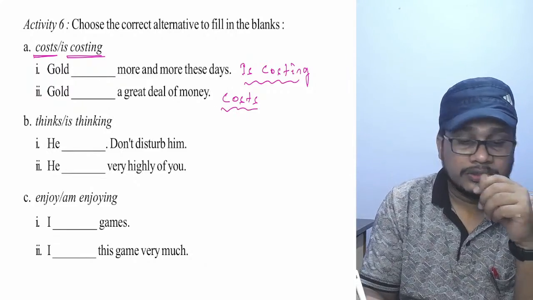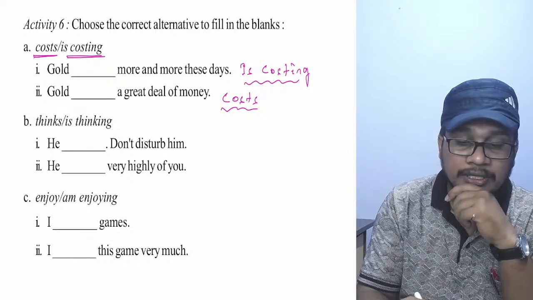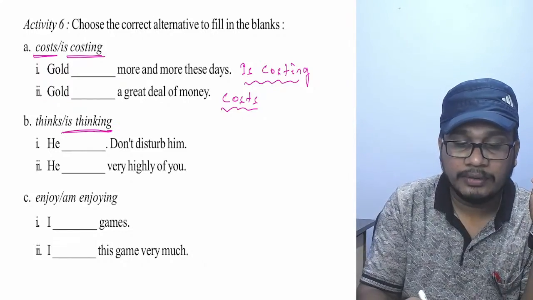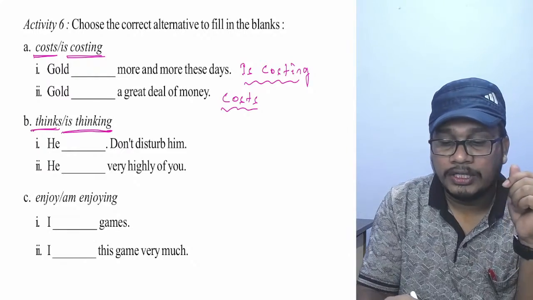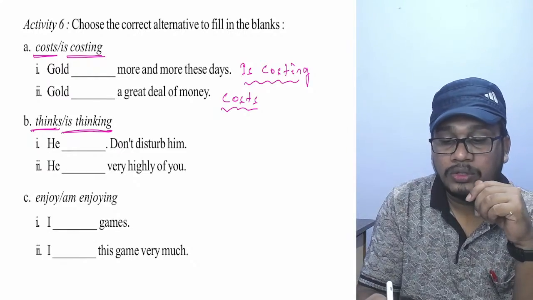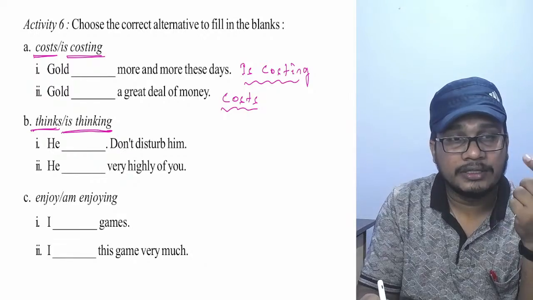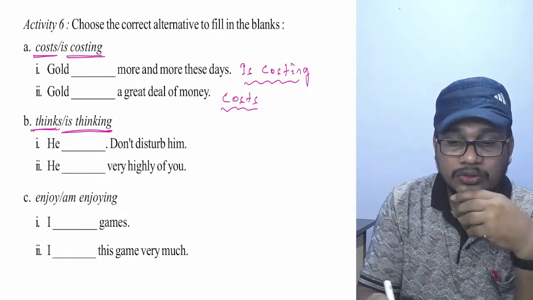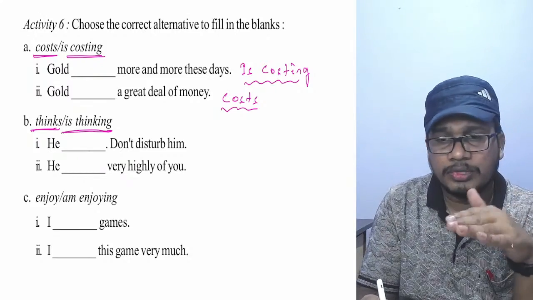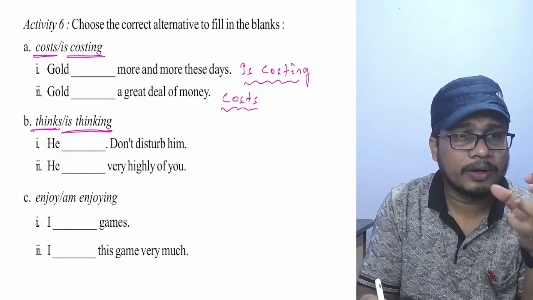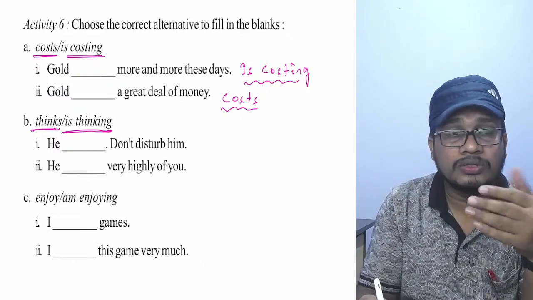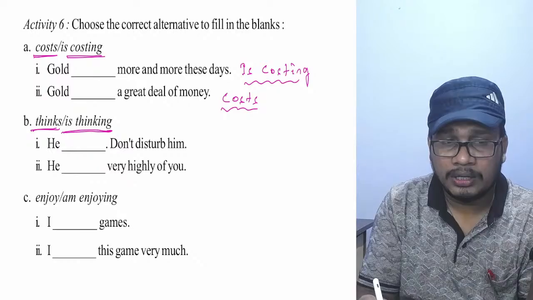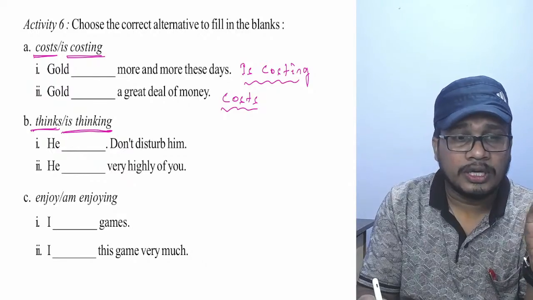Now the second question: thinking, is thinking, and thinks are given. He dash, don't disturb him. He dash means he is doing something, so don't disturb him. The person is involved in a progressive action.